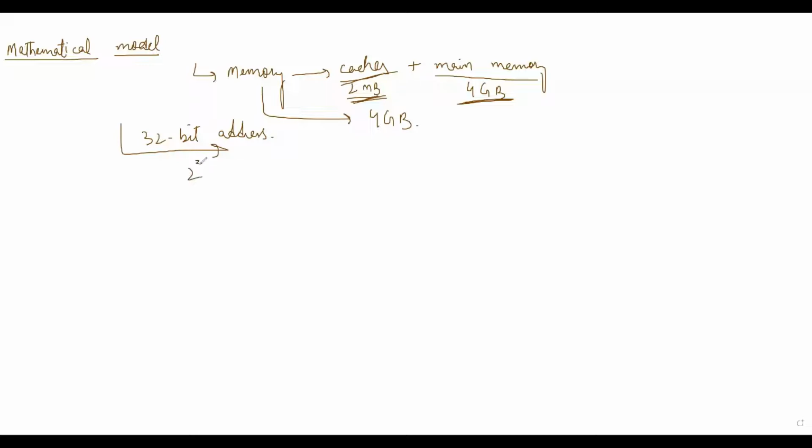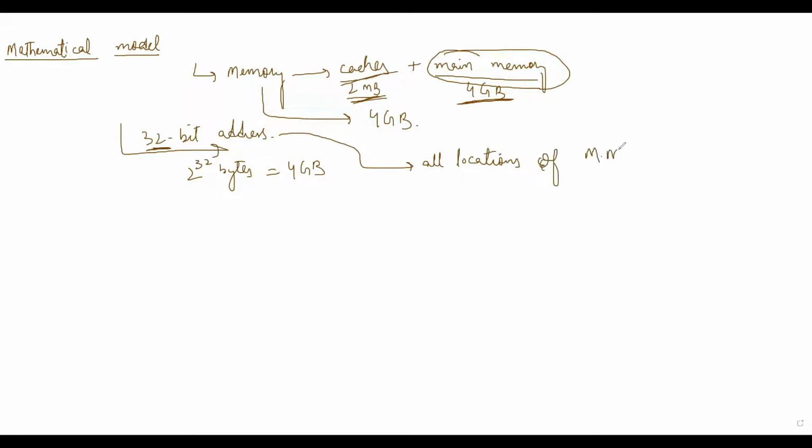So the total number of bytes is 2 raised to the power 32 bytes, and 2 raised to the power 32 bytes is 4 GB. So using these 32-bit addresses, I can address all the locations of main memory.